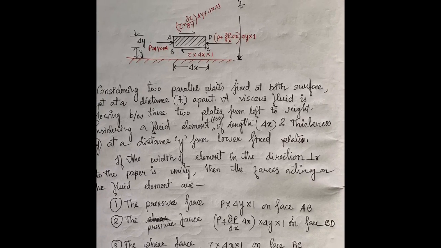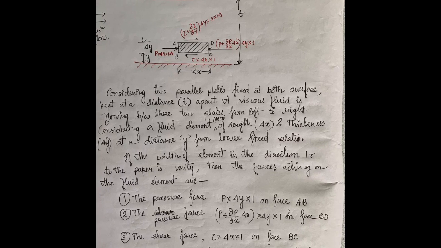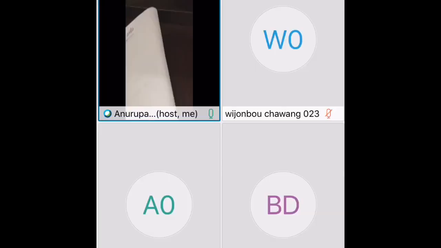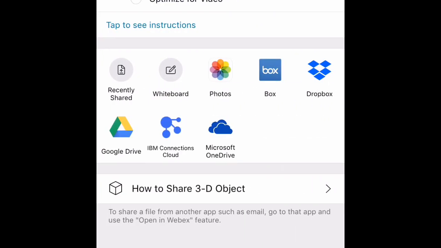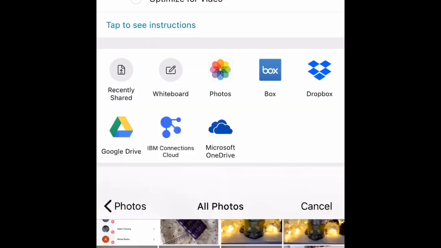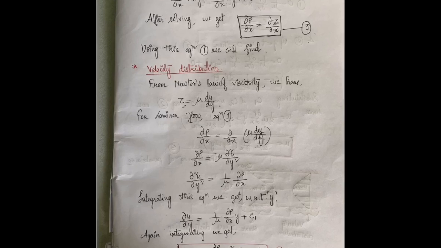As I have told you, after adding all the forces, you will get one equation which is given by P into del y into 1 minus P plus del P by del x into del y into 1 minus tau into del x into 1 plus tau into del tau by del y into del y whole into del x into 1 equal to 0.